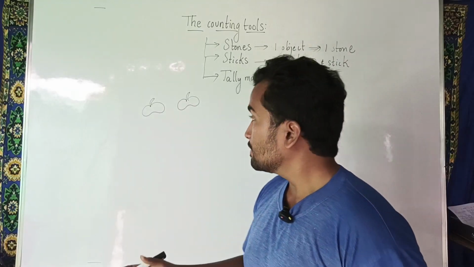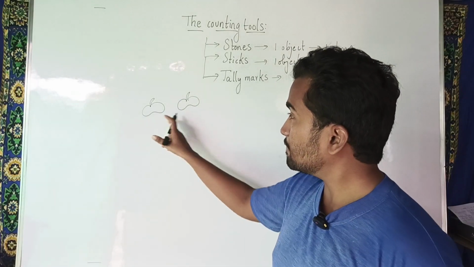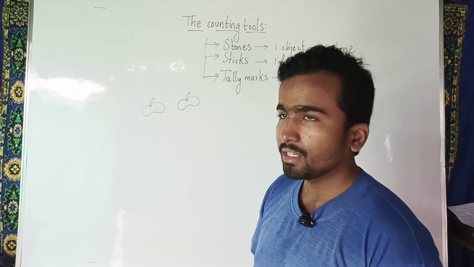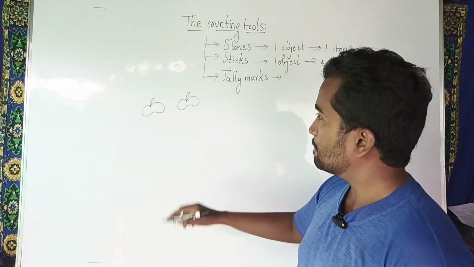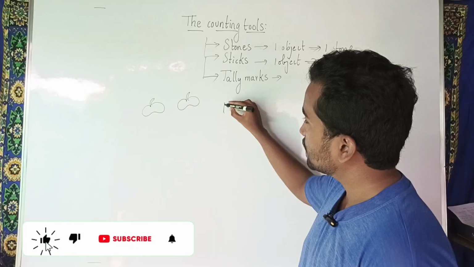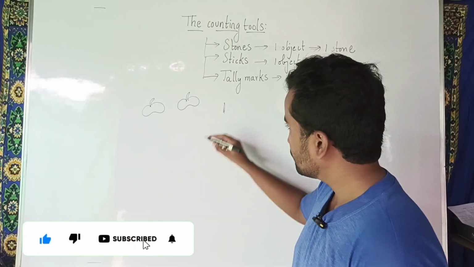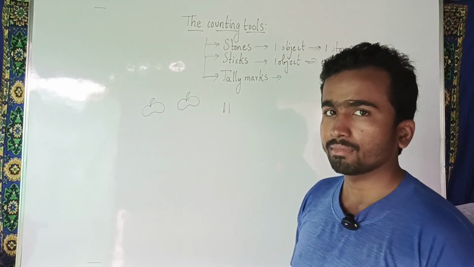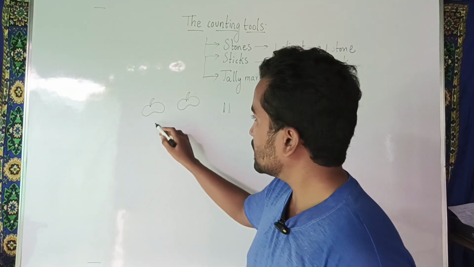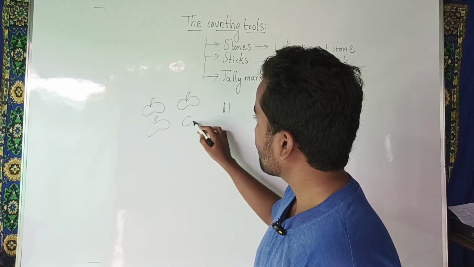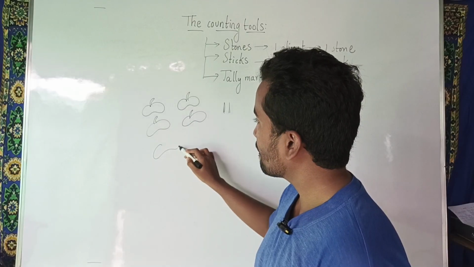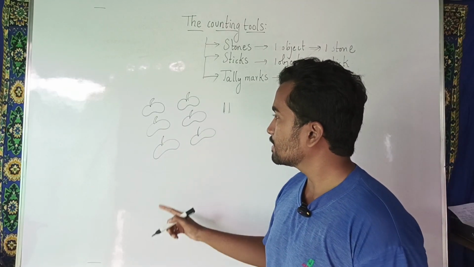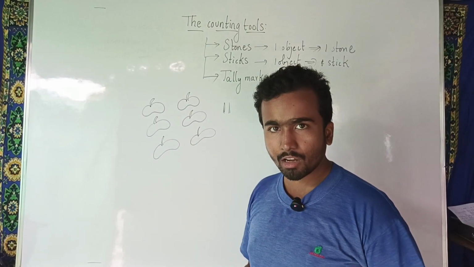But without using numbers, we can't give an abstract representation of this quantity. So the tally marks work by adding one line for one apple and another line for another apple. Similarly, suppose I have this quantity of apples.